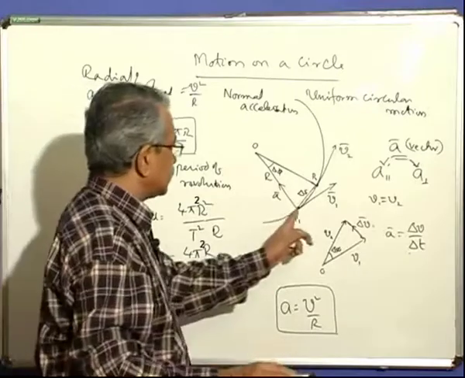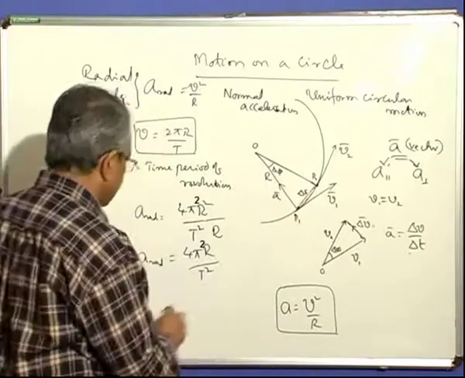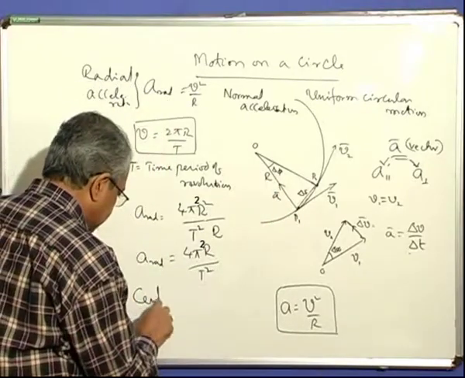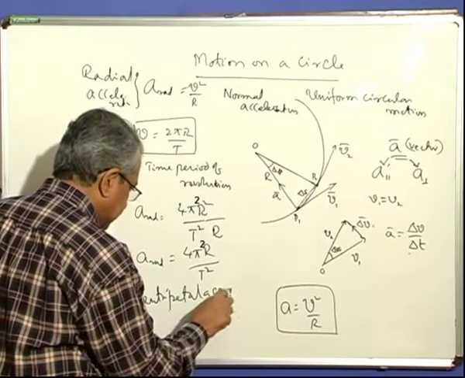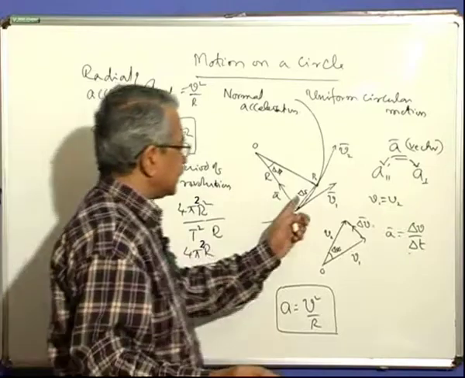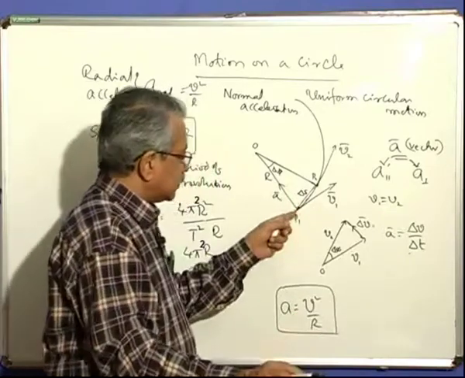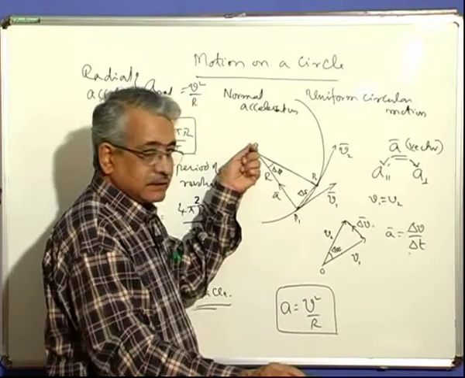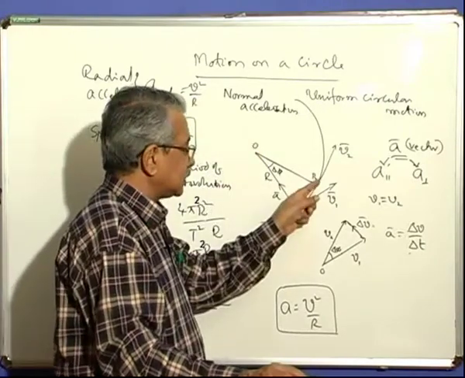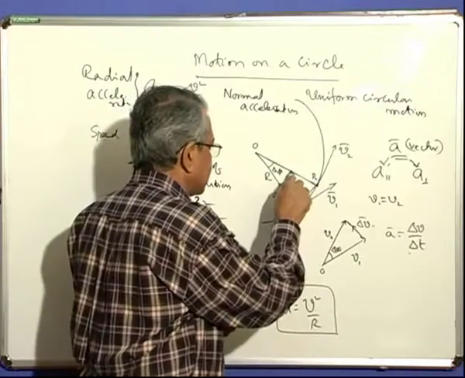This acceleration is always toward the center of the circle, so it is also known as centripetal acceleration. At every point, when the body is at this point, there is an acceleration pulling that way, and therefore the direction is changing every time. Everywhere the same story goes.